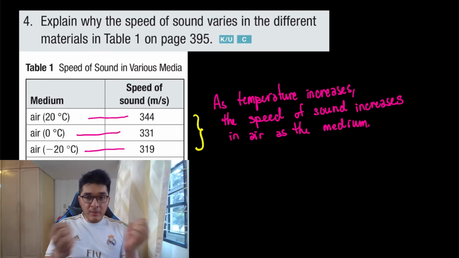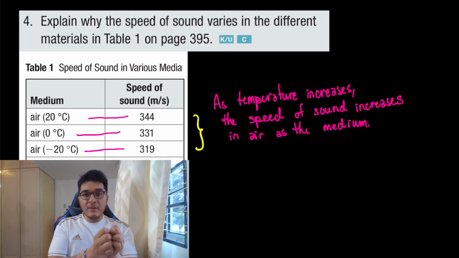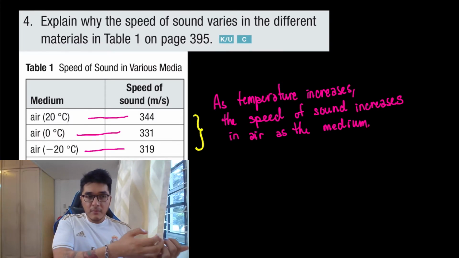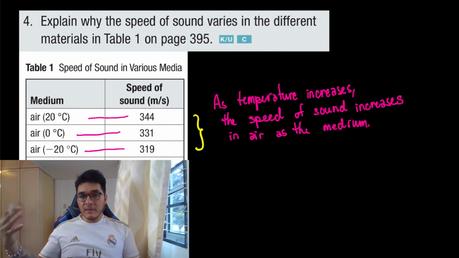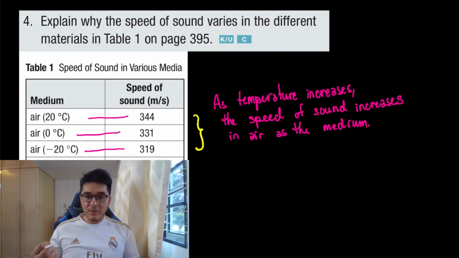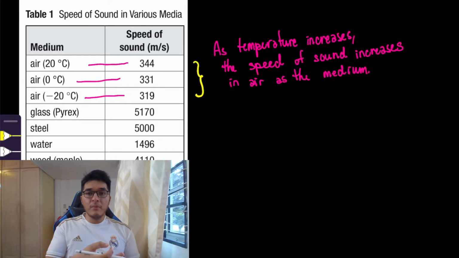If we increase the number of collisions, then we increase the rate at which energy gets transferred, which is what we mean by the wave speed. So the speed of sound increases with increasing temperature, because there are more collisions, and more collisions means more transfer of energy. If the transfer of energy occurs quicker, then the speed of the wave happens at a faster rate.